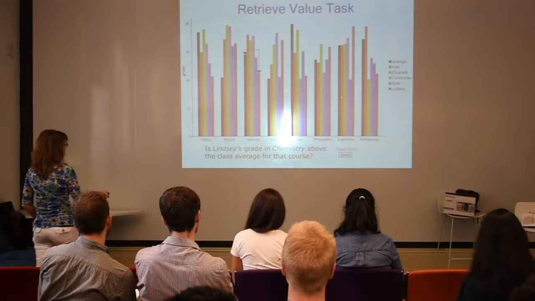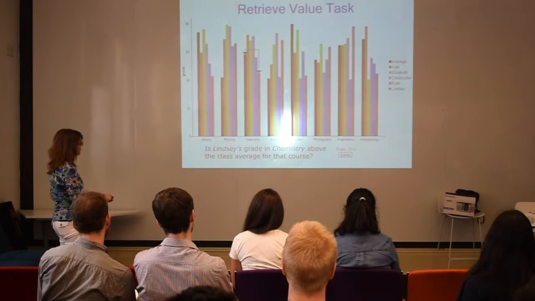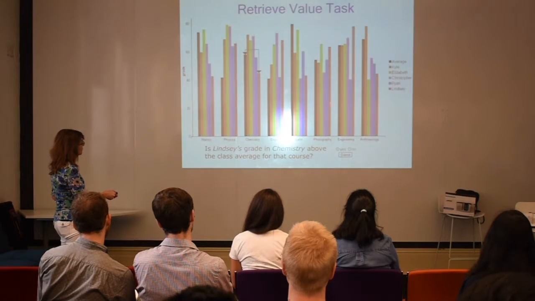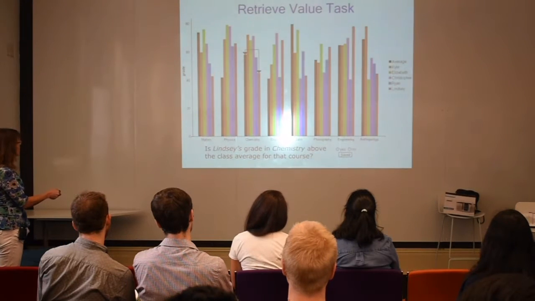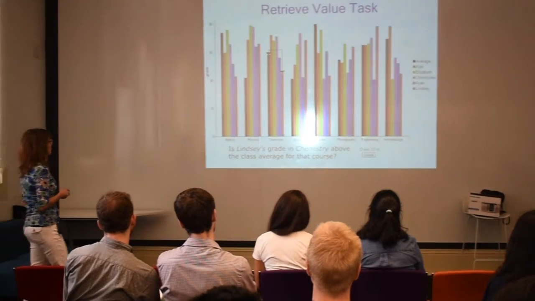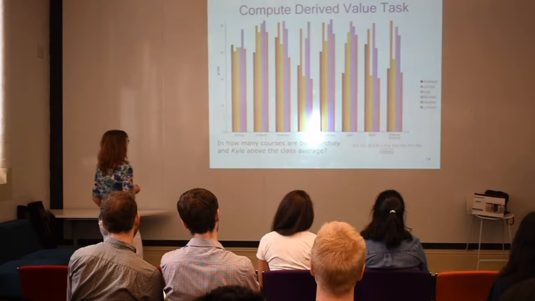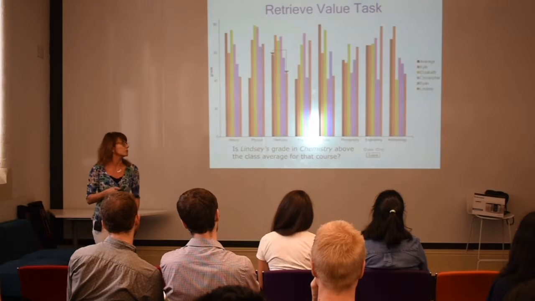This data set shows a variety of students' scores in different courses, compared against the black bar, which is the average in the course. An example question for this task type is: is Lindsay's grade in chemistry above the class average of that course? So one needs to identify chemistry and compare Lindsay's grade with the average.